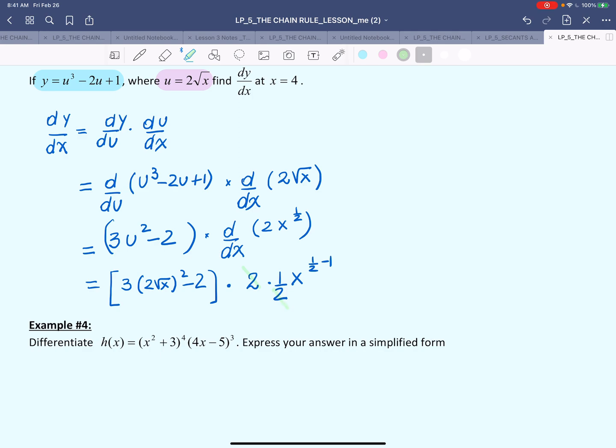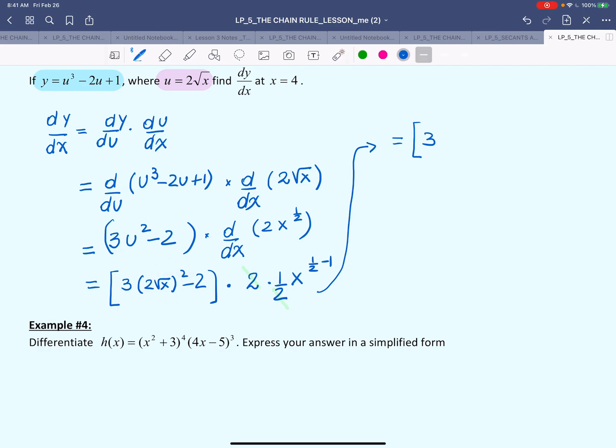Notice that these two will simplify. And we now have the first factor, 3. Now the power of 2 will apply to both the number 2 and the root of x. The number 2 will become a 4, and the root of x squared will become x.